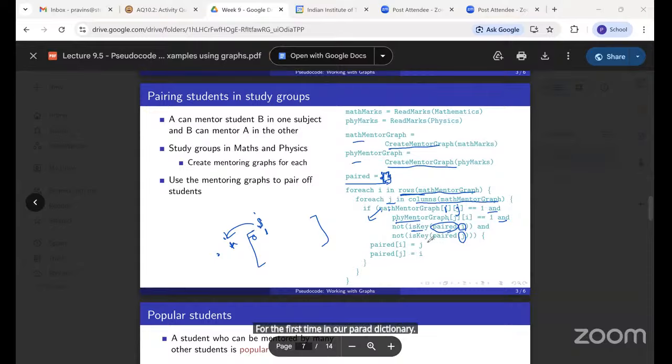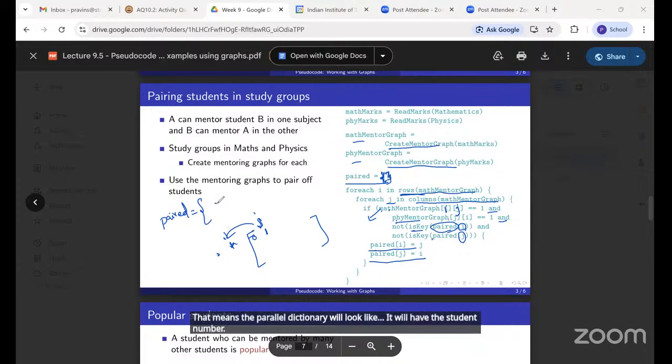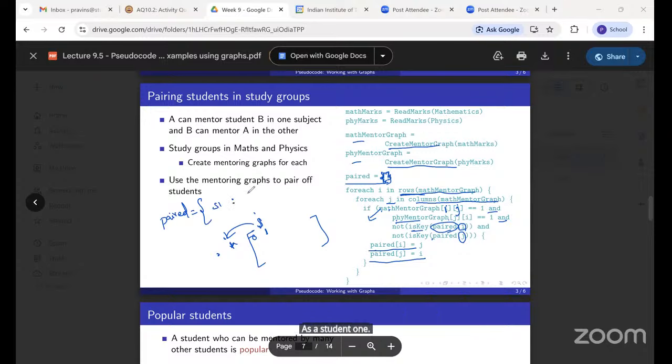So if these conditions are true, we are just taking paired of i and j. That means the paired dictionary will look like it will have the student number as student 1, which has been paired with S2, and it can also have the key S2 paired with S1.